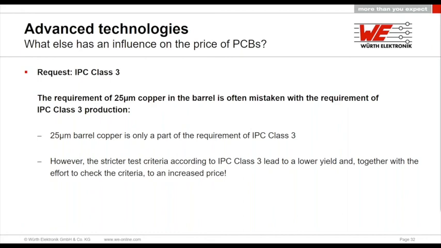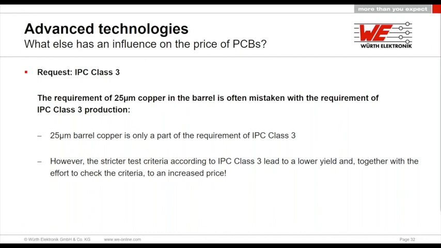We have therefore often a lower yield because of these more critical tests and critical parameters, and therefore the price increases quite a lot. And to give you a figure, this might often be between 20 and 30% increase of price by just placing IPC class 3 in your request compared to IPC class 2.